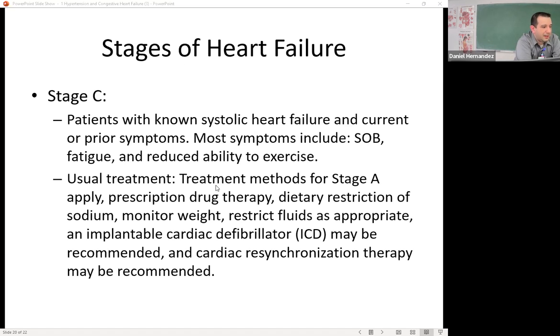Stage C, these are now the symptomatic patients. They have shortness of breath. We know that they have some sort of systolic or diastolic dysfunction. These are the ones that require more in terms of intervention. So that could be, again, stent placements, fluid restriction.